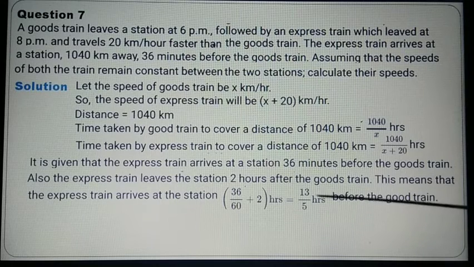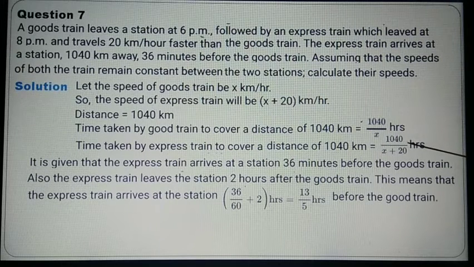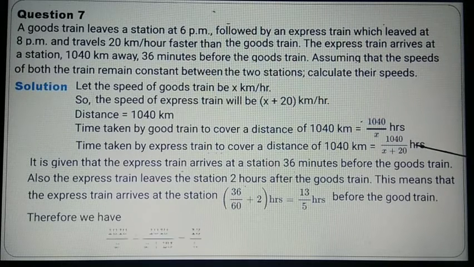So these many hours will be the difference between the time. Okay, so that's why, since express is moving with more speed, we have this minus this is going to be this much. Is that clear?